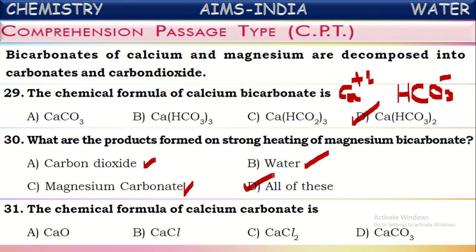So this calcium carbonate molecular formula is CaCO3, because calcium ion formula just now we have seen Ca2+, and carbonate ion formula is CO3 2-. So when you club these two by using crisscross method, we get the formula of calcium carbonate as CaCO3.